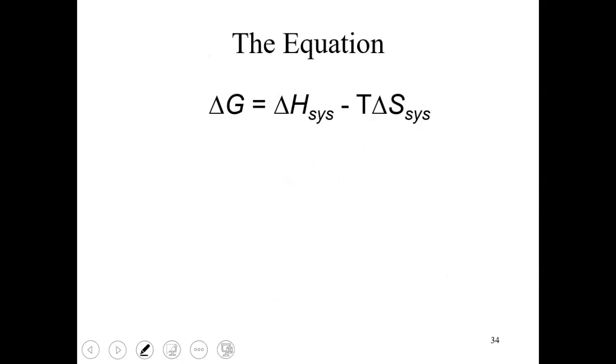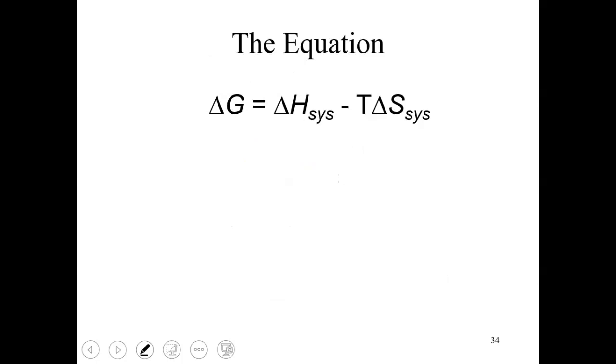That's right. This is the equation where delta G is the change in free energy, the change in energy that is useful or available for the system to perform work.